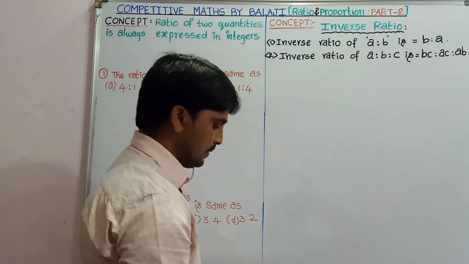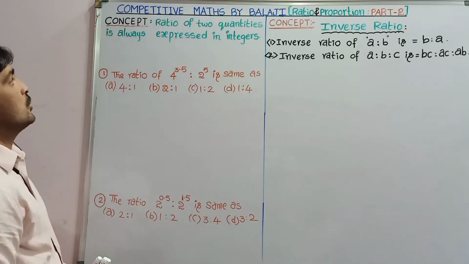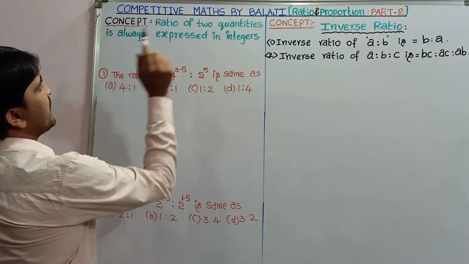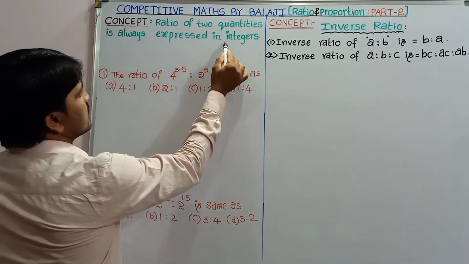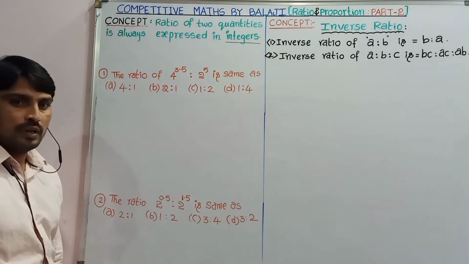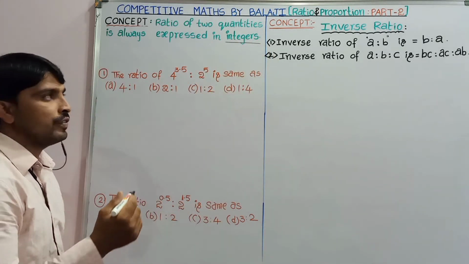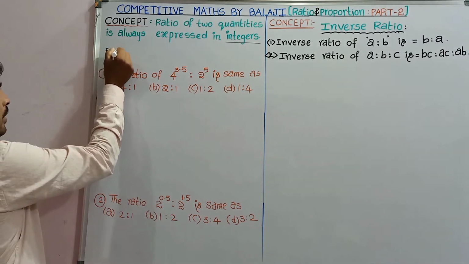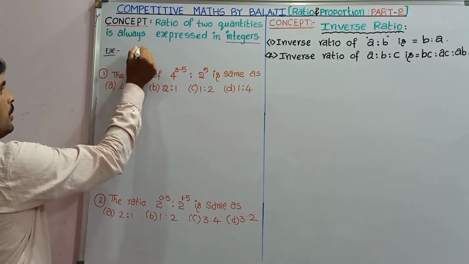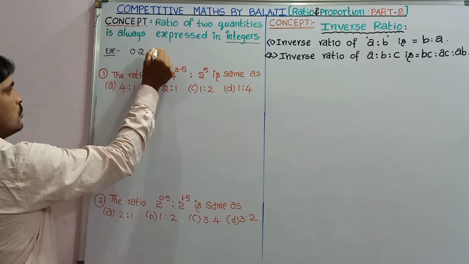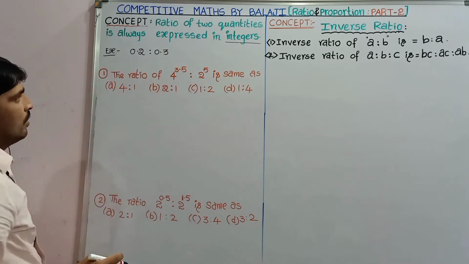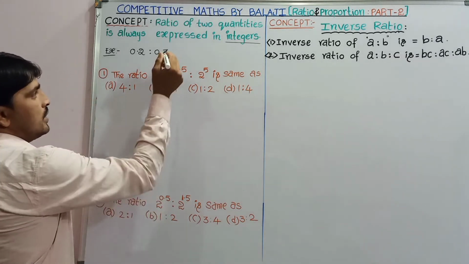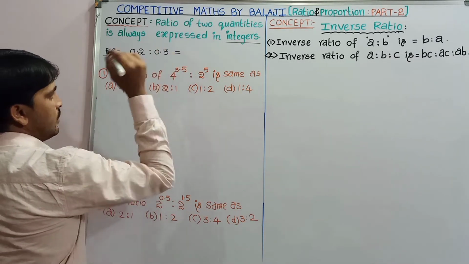Okay, next. See here, the concept is that the ratio of two quantities is always expressed in terms of integers. For example, we are given 0.2 is to 0.3, where 0.2 and 0.3 are not integers, hence they are decimal numbers.